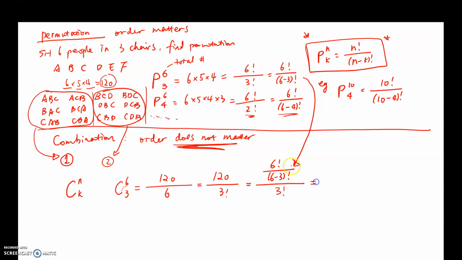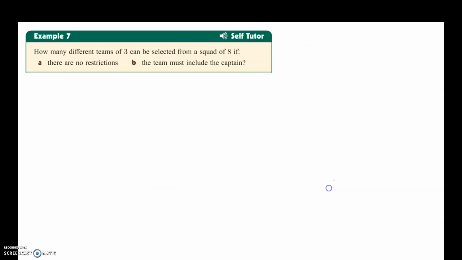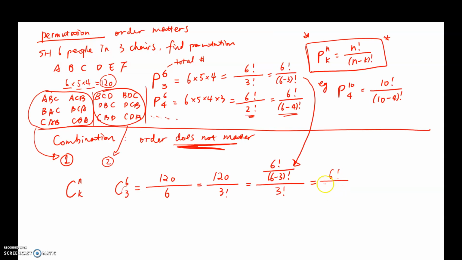Dividing by 3 factorial is equivalent to times the reciprocal, 1 on 3 factorial. So therefore 3 factorial becomes part of the denominator.